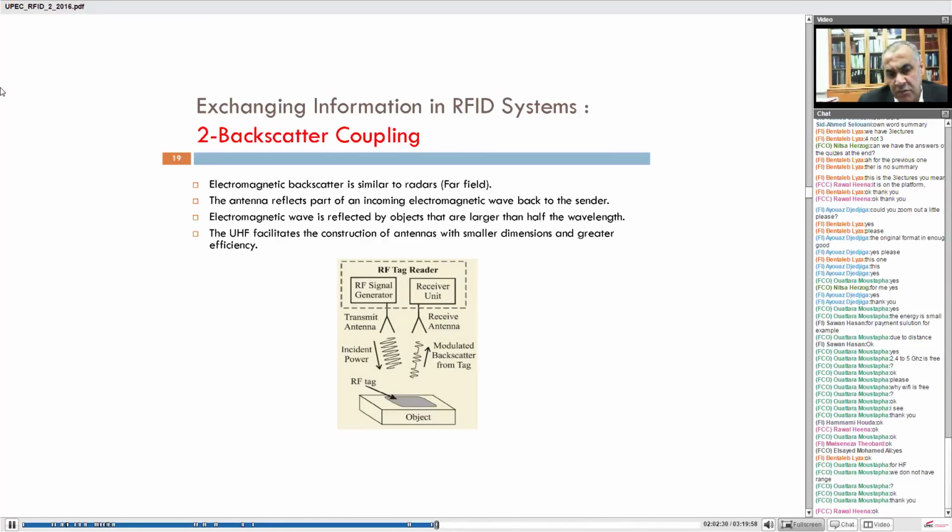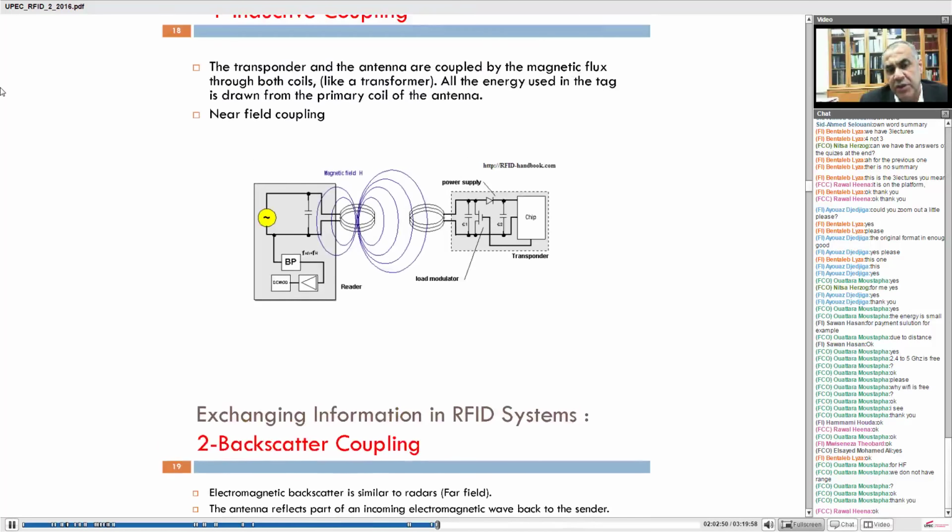Very important: in UHF and microwave, the information is exchanged thanks to backscatter coupling. The antenna reflects part of the incoming electromagnetic wave back to the sender. An electromagnetic wave is reflected by objects that are larger than half of the wavelength, and UHF facilitates the construction of antennas because they are very small.